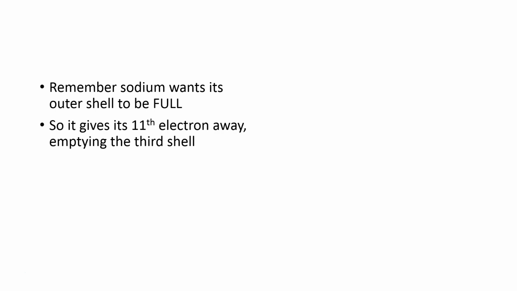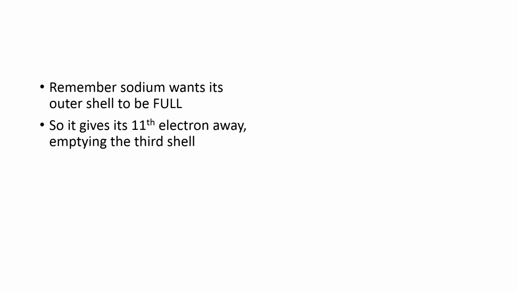Now remember that sodium wants its outer shell to be full. In order to do that, it could steal 7 electrons from other places, or it could give away that single 11th electron. So that's what it does.